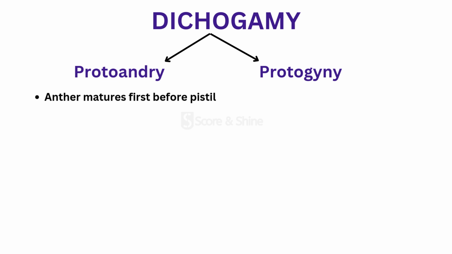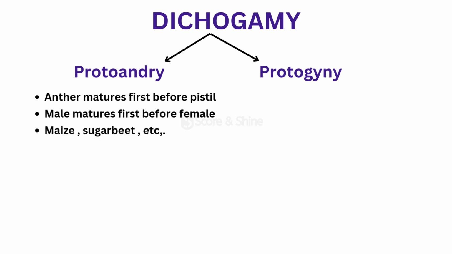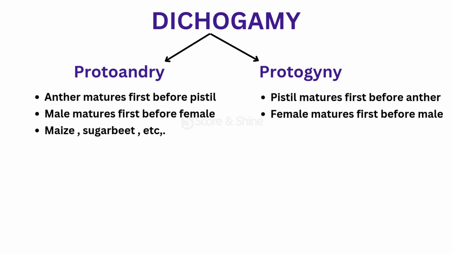When anther matures first before pistil, which means the male part matures first before the female part, then it is Protoandry. Protoandry is seen in maize, sugar beet, etc. And when pistil matures first before anther, which means the female part matures first before the male part, then it is Protogyny. Protogyny is seen in pearl millet.